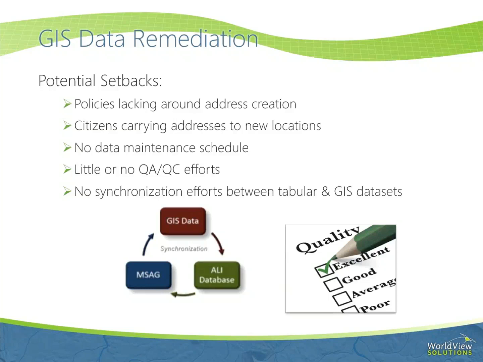But if the address itself is just out of line, it doesn't really fit into the pattern, even if you break that road segment and create the segment that fits in, when it comes to actually routing to that address, if it's not increasing from the previous segment or vice versa, it's going to throw off emergency responders. So in that case, I would definitely consider readdressing.